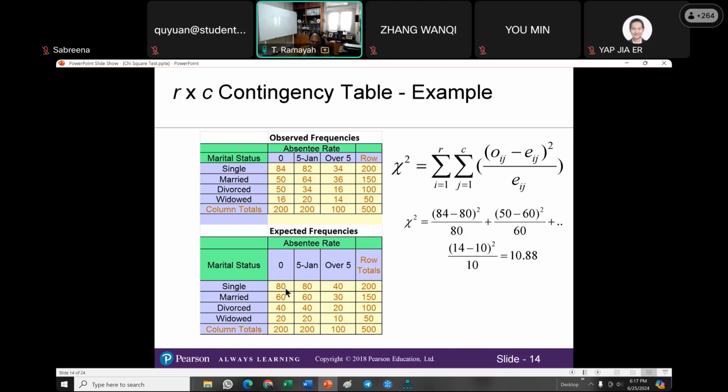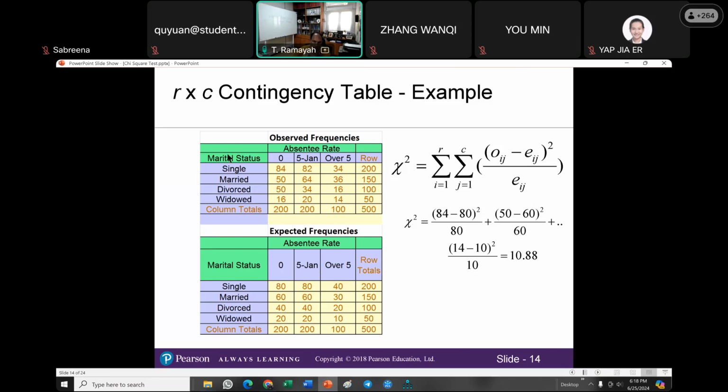For the second column, it is 200 times 200 divided by 500. So you get the same number. But for the third column, you have 100 times 200 divided by 500. You get 40. So that is how EIJ of each cell you need to calculate before we can do this.